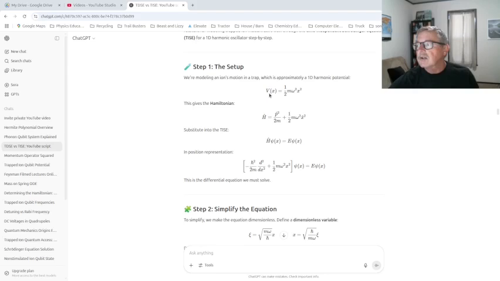This is the x value, which as it gets greater, the potential energy gets greater.